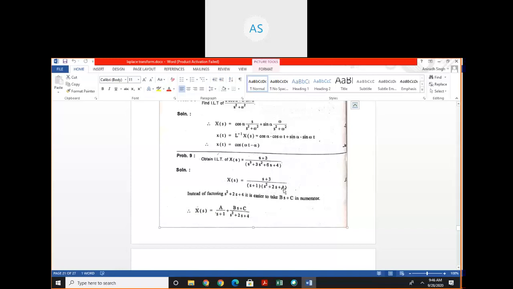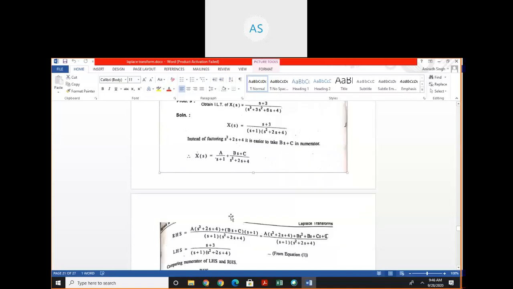Obtain the inverse Laplace transform of x of s, and x of s is given by (s plus 3) divided by (s cube plus 3s square plus 6s plus 4). So we can write x of s like this, and here this is a quadratic term.